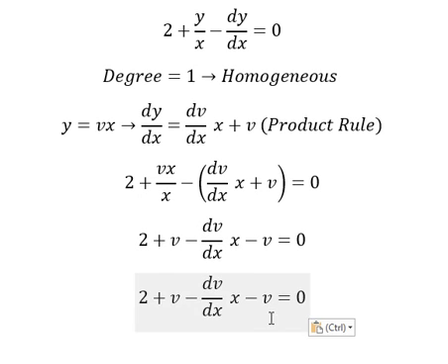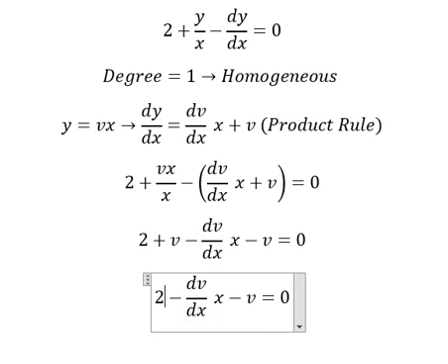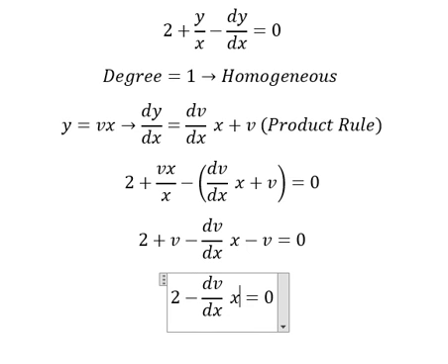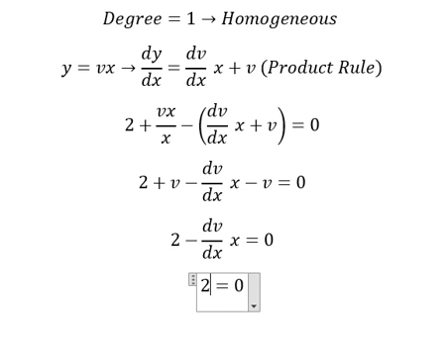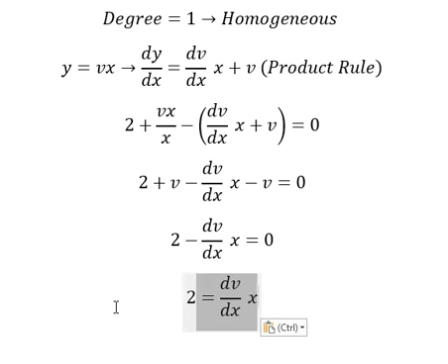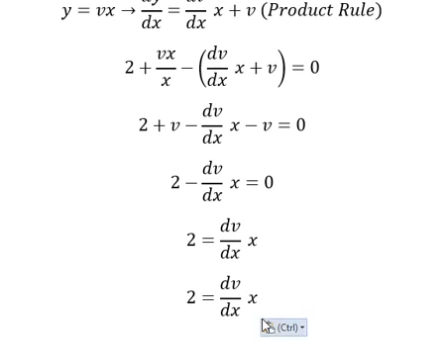So v minus v we cancel. So I will put this one go to the right. So I will put the x and dx go to the left.